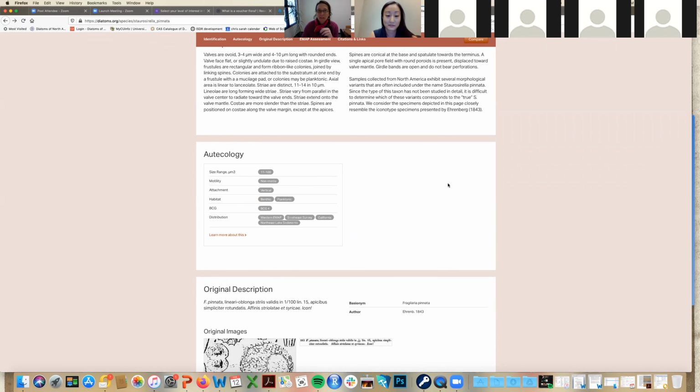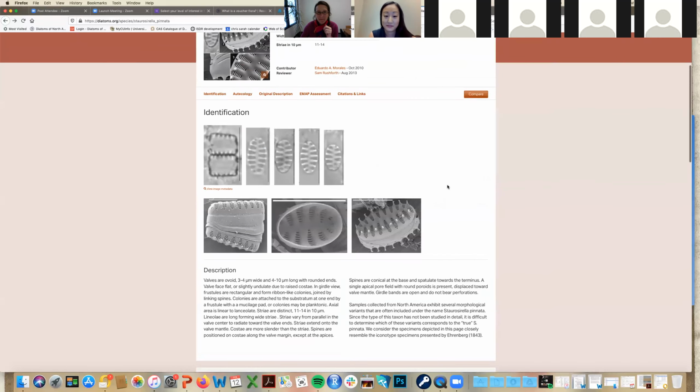Mm-hmm. So this diatom has the ability to attach onto particles, very small. So in that case, it could be attached to sand grains. This diatom can also, because it's very small, get entrained into the water column, and so it can be part of the plankton.